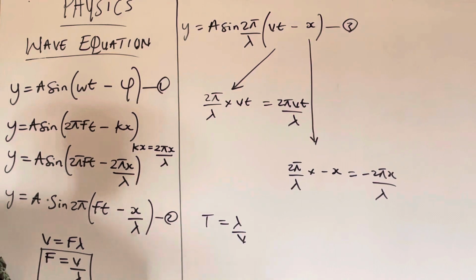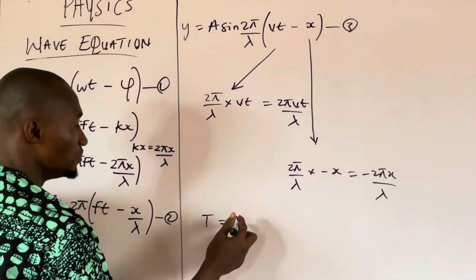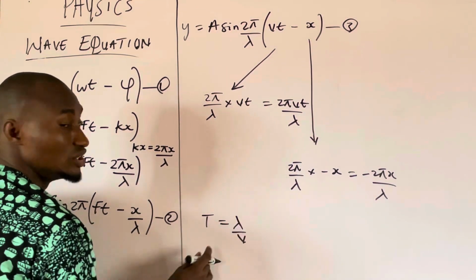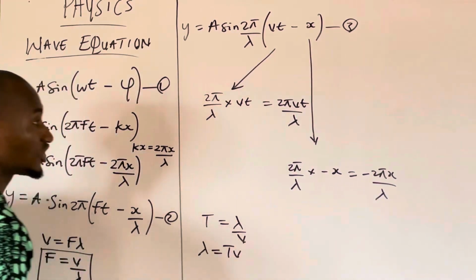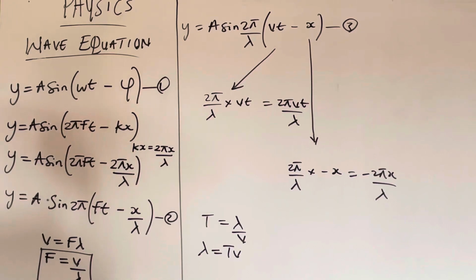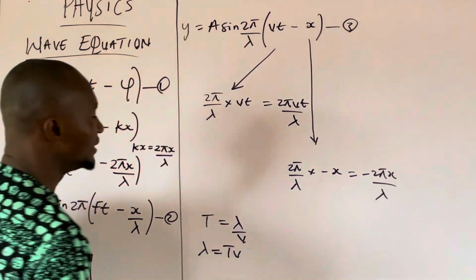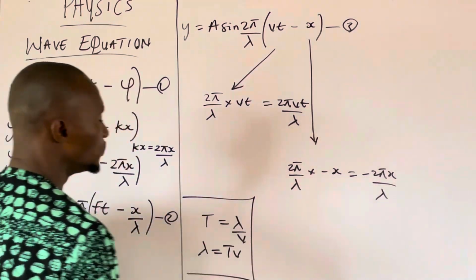True or false? And I equally said that if you make lambda the subject of the formula, it becomes lambda equals Tv. Is that correct? Good. So I'm going to apply this here in equation 4.